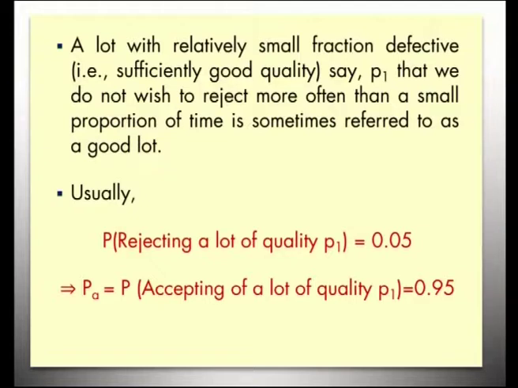So, we do not want to reject more often than a small proportion of times, and this is sometimes referred to as a good lot. That is, the probability of rejecting a lot of quality P1 is equal to 0.05, which means the probability of accepting the lot is 0.95. That is, we are leaving only 5% for the risk level.